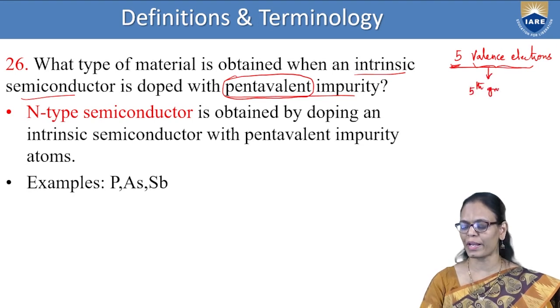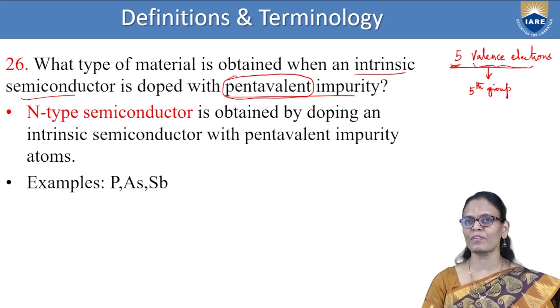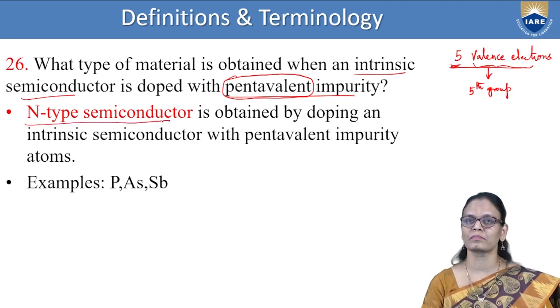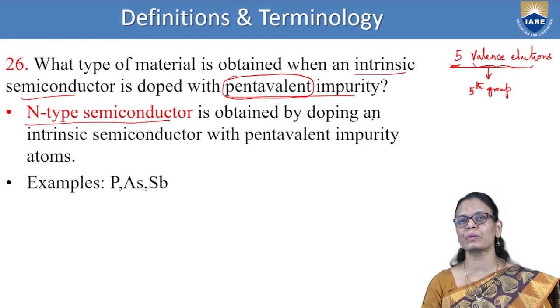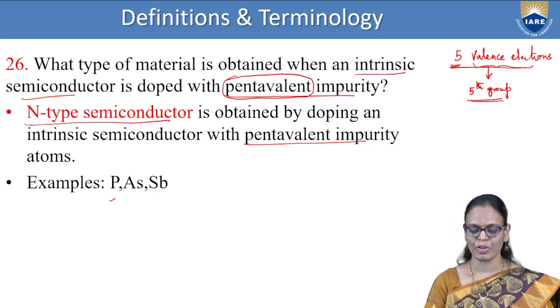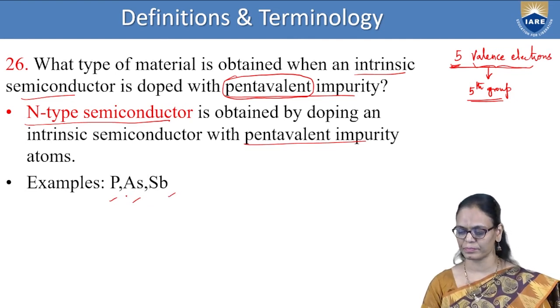Whenever we add a pentavalent impurity, it becomes an N-type semiconductor. So, an N-type semiconductor is obtained by doping an intrinsic semiconductor with a pentavalent impurity. What are these fifth group elements? Examples are phosphorus, arsenic, antimony.